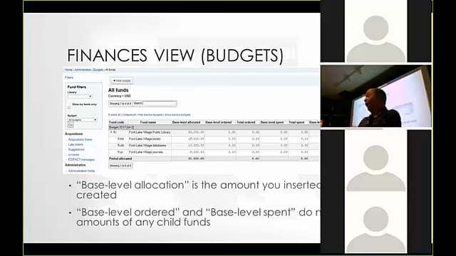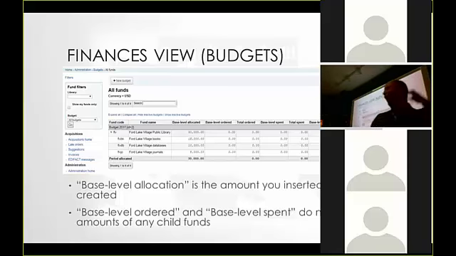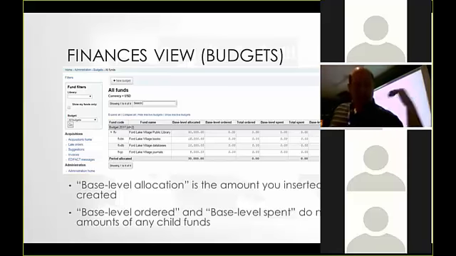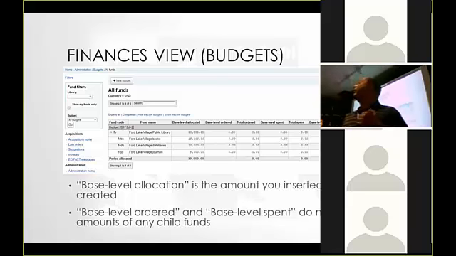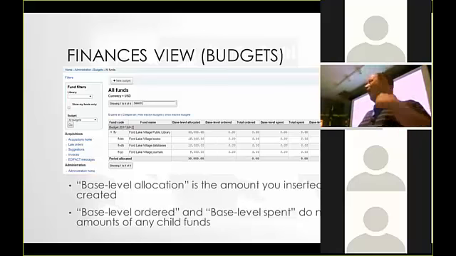For me, because of the way I've got my budget set up and don't let anybody place orders at that top level, you will only see a base level allocation, but you will never see a base level ordered or base level available or base level spent because you cannot select that. Total ordered and total spent add up, as we'll see in just a little bit.